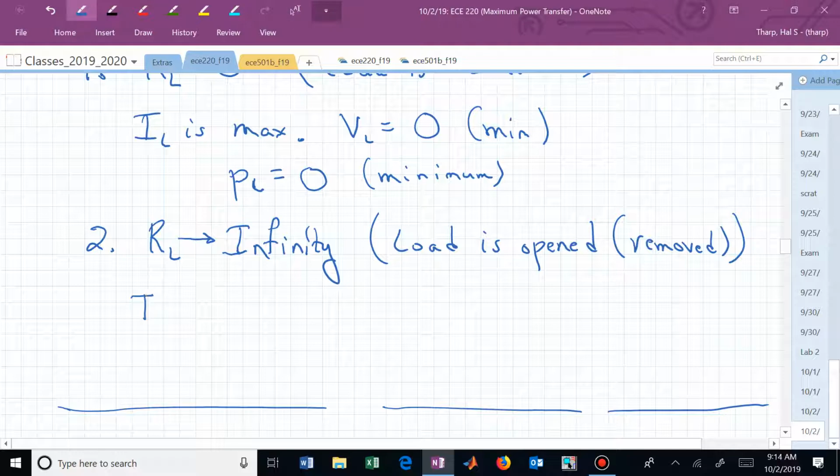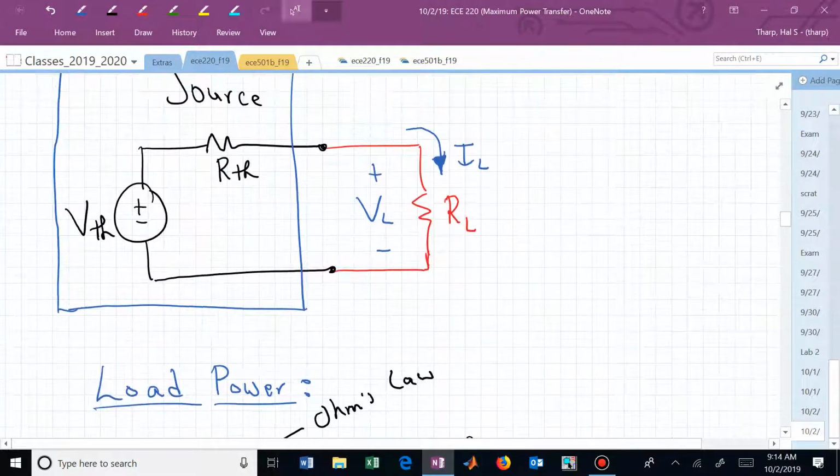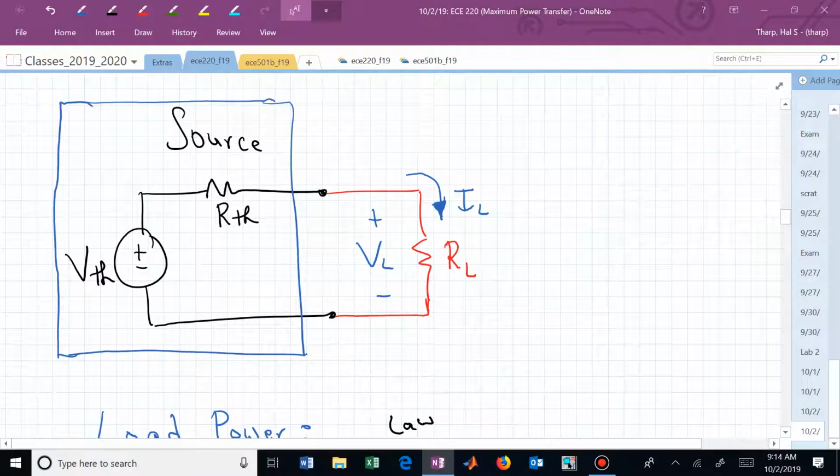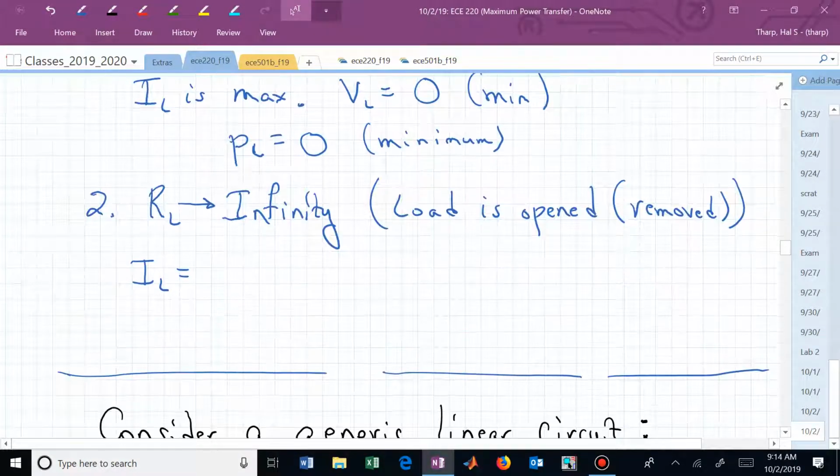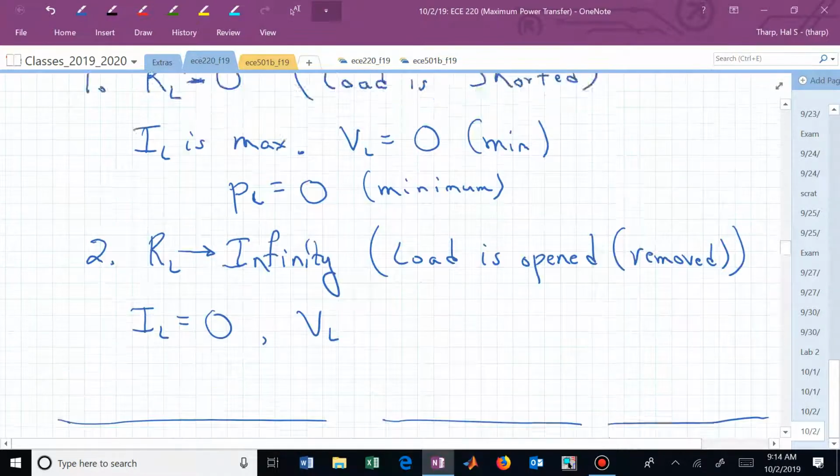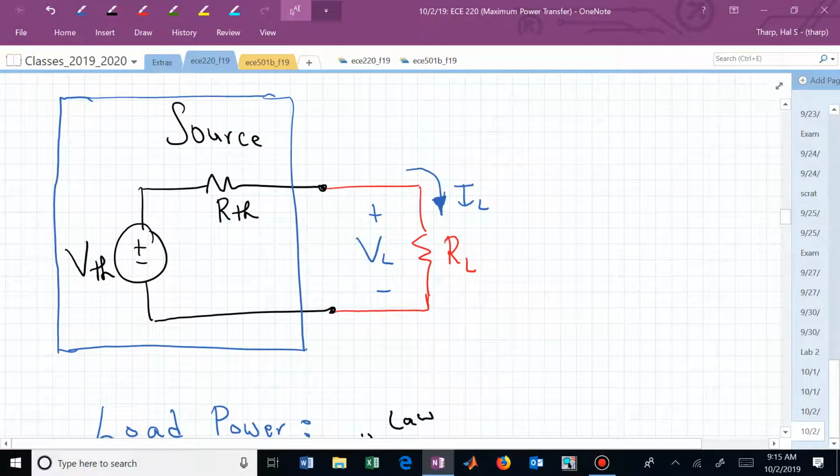Under this scenario, what's the current, I sub L? Now you're virtually erasing that red resistor. What's I sub L? 0. There's no current flowing in this extreme case. I sub L is 0. What's V sub L? Do we know what it is? It's as big as it's ever going to be.